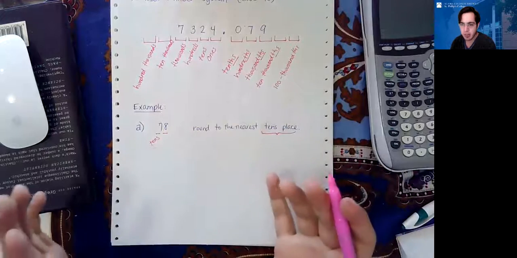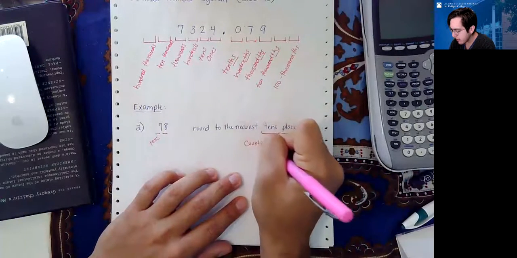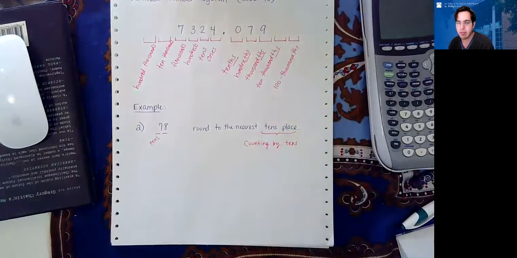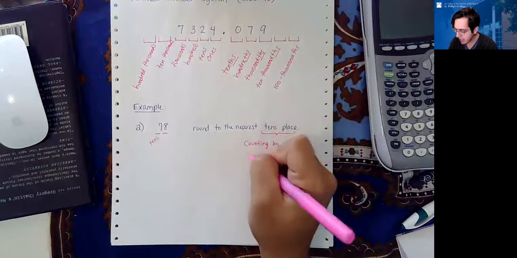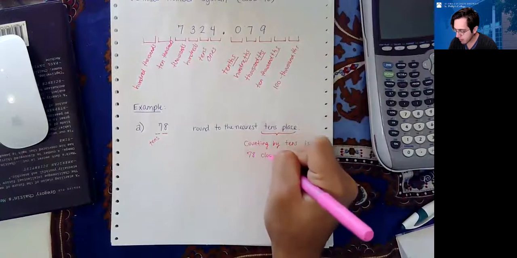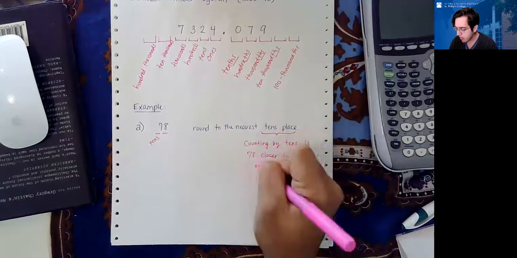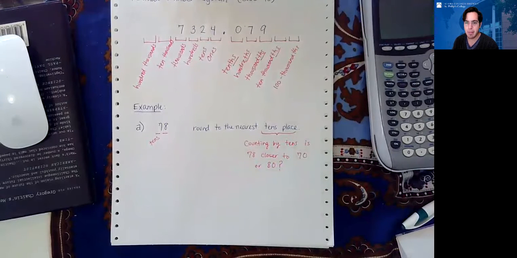Another way you can interpret that is that it's asking us if we're counting by tens, 10, 20, 30, 40, 50, 60, 70, 80, right? And so on. Is 78 closer to 70 or 80?